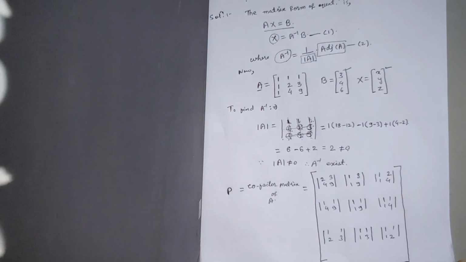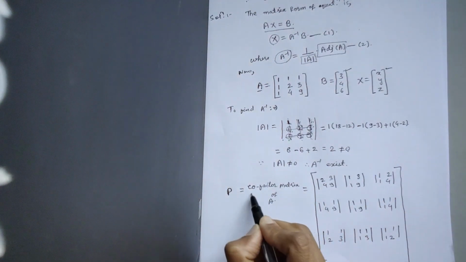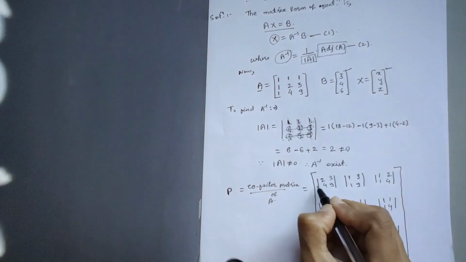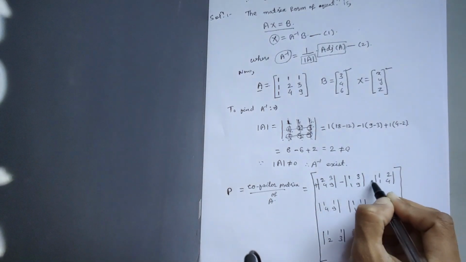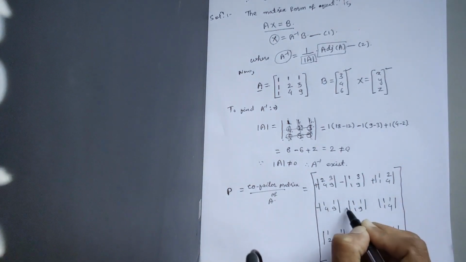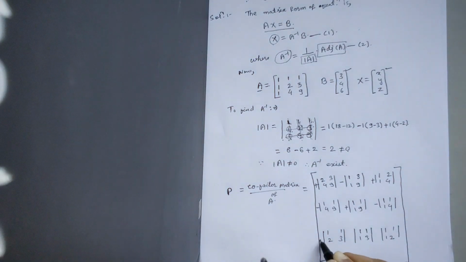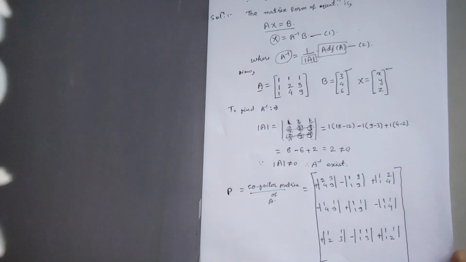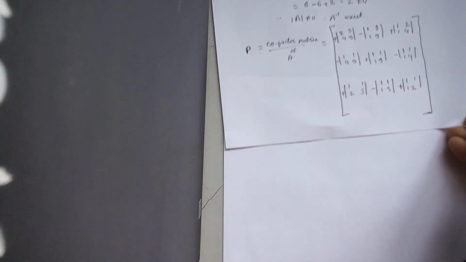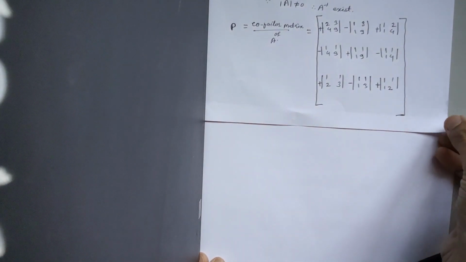Okay? Good. Now it's a matrix of cofactors, so we need to change the signs: plus, minus, plus, minus, plus, minus, plus, minus, plus. Just observe it carefully. I will keep it here so you can see how I am calculating the remaining things.